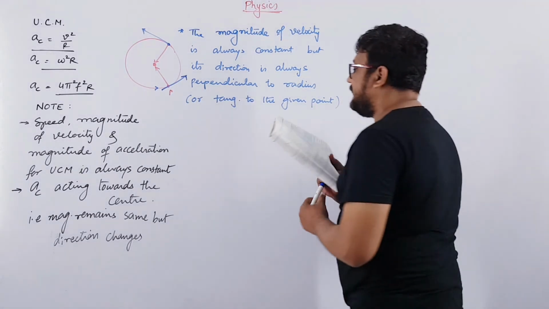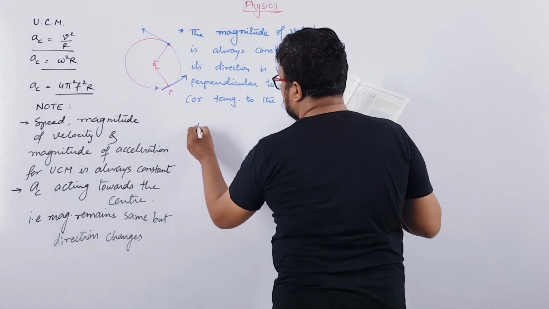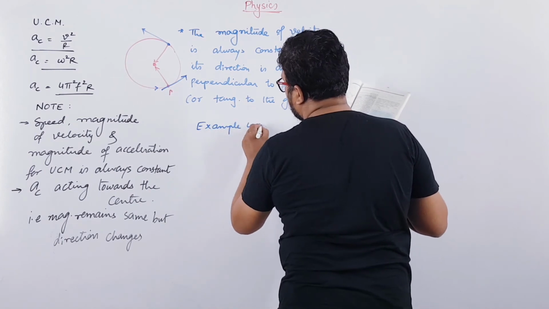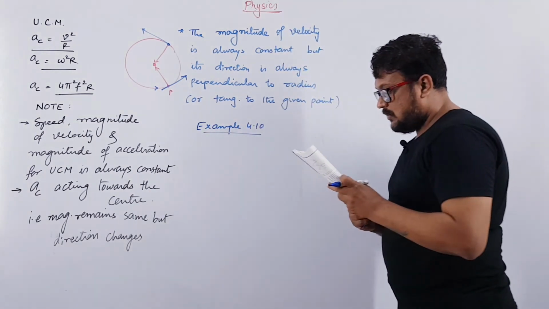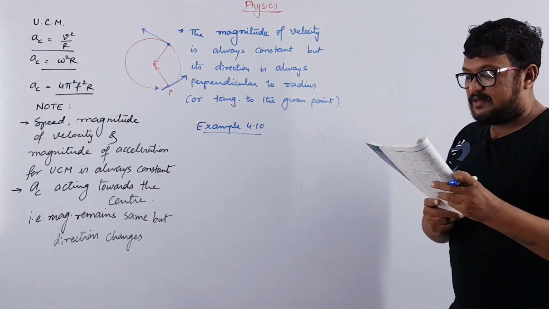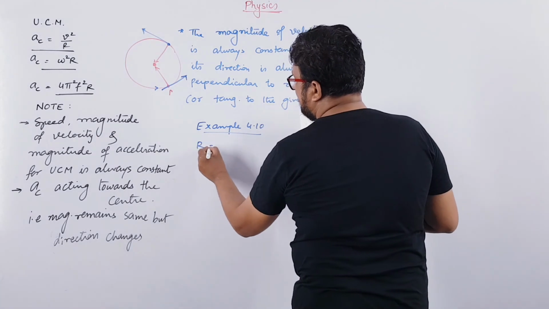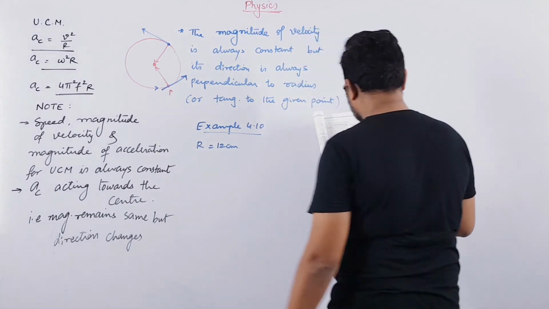Example 4.10. An insect trapped in a circular groove of radius 12 cm moves along the groove steadily and completes 7 revolutions in 100 seconds. Radius r is given as 12 centimeter.